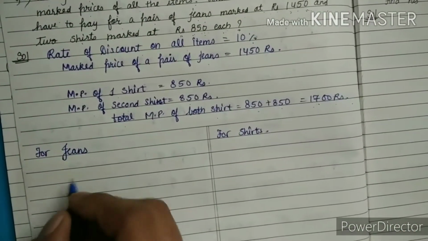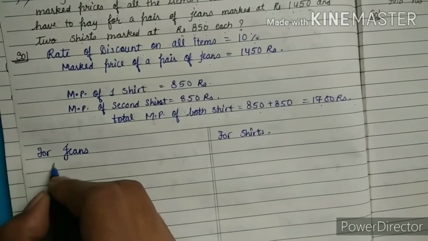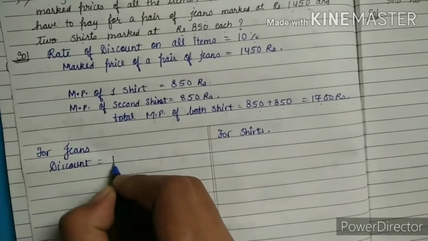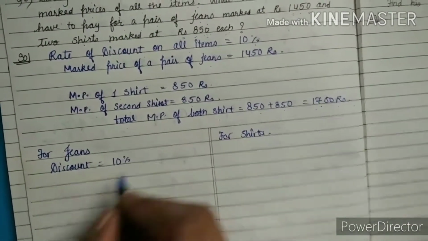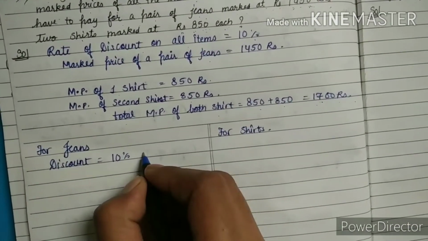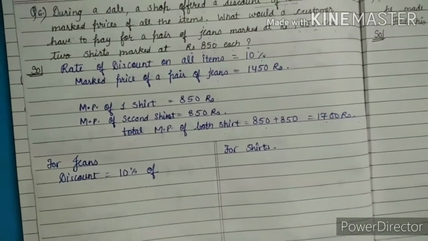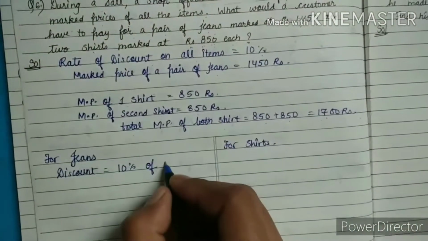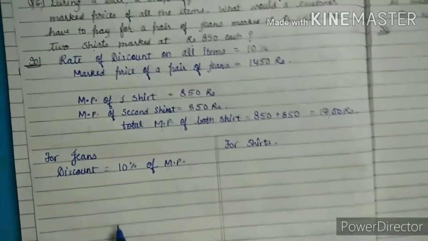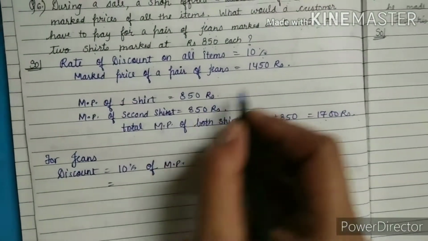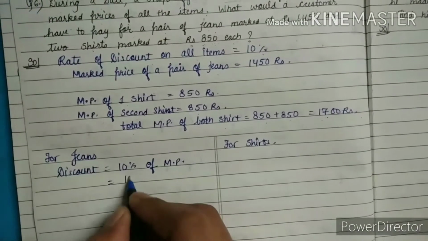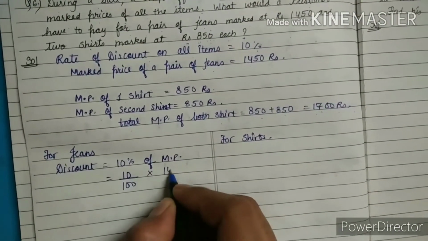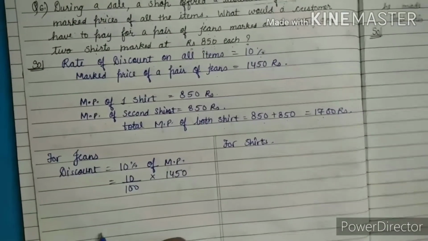So here for jeans and here for shirts. For the jeans we have to find the discount. 10% is given here, and the discount is given on the marked price. So here I am putting the marked price. The jeans' marked price is 1450 rupees. So in the place of marked price, 1450 will come.